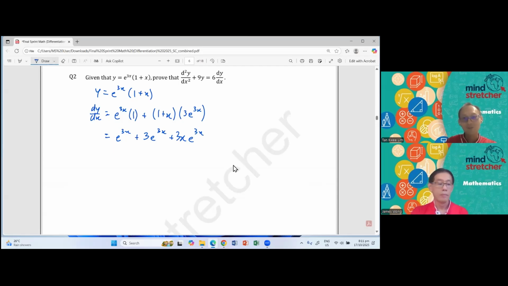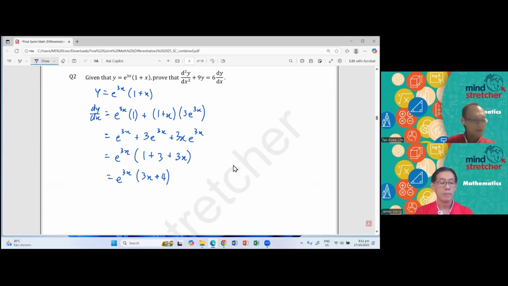If you were to expand it, you will notice that e to the power of 3x is a common factor. So that will be e to the power of 3x times (1 plus 3 plus 3x). So this will be e to the power of 3x times (3x plus 4).